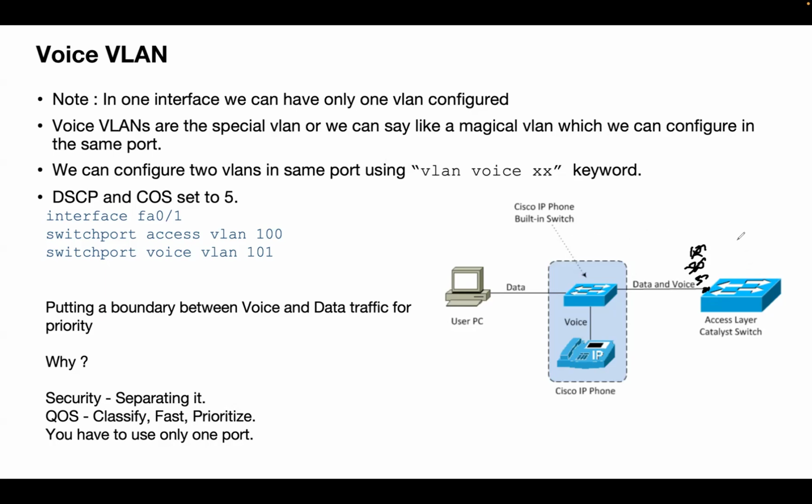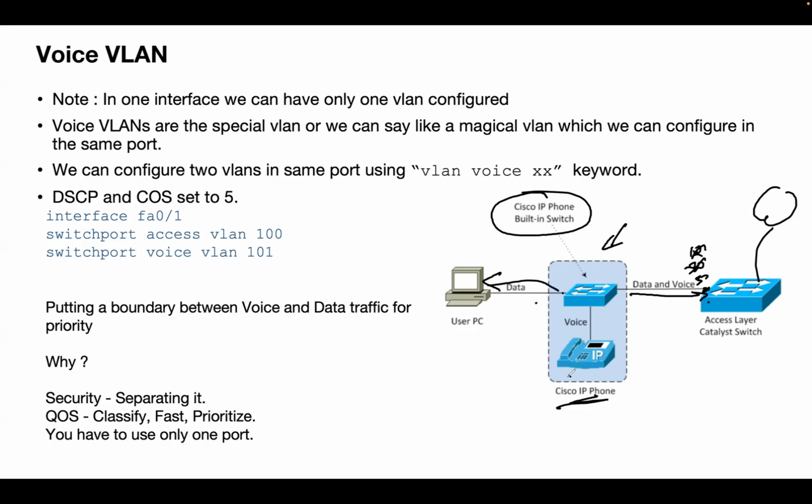what if I'm getting my internet service via a Cisco IP phone? Normally, think like this: you get internet service through a telephone. One cable will come from the IP phone to the switch. From your telephone, one cable will go to the PC.